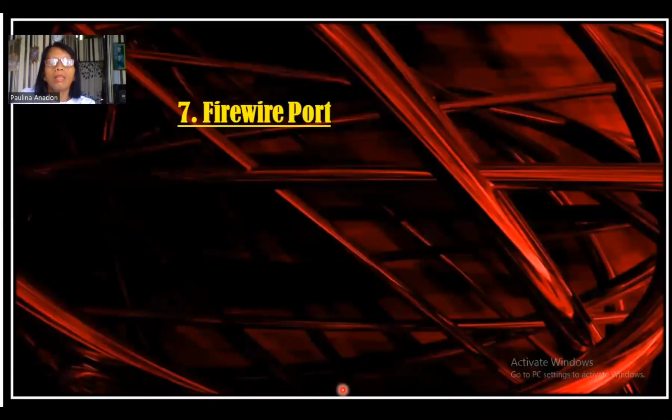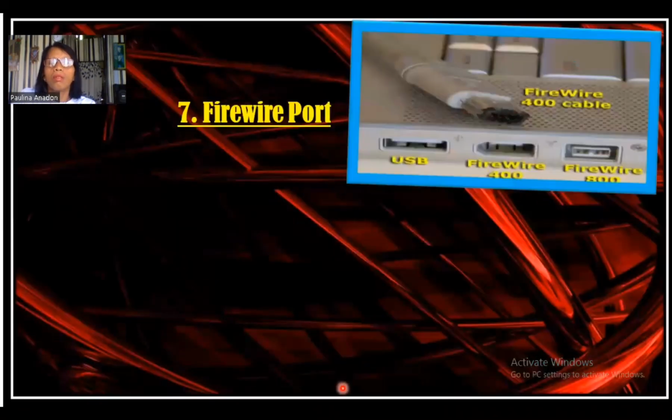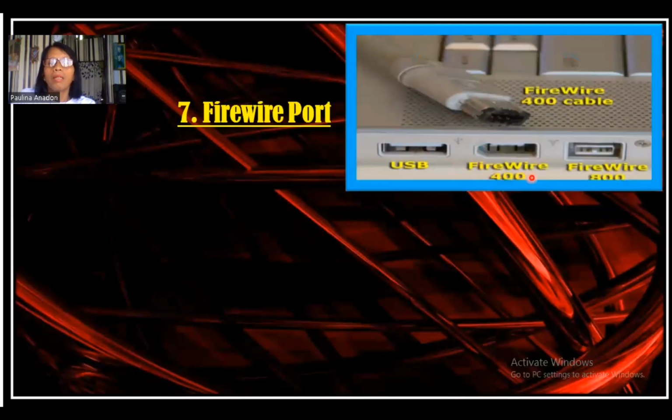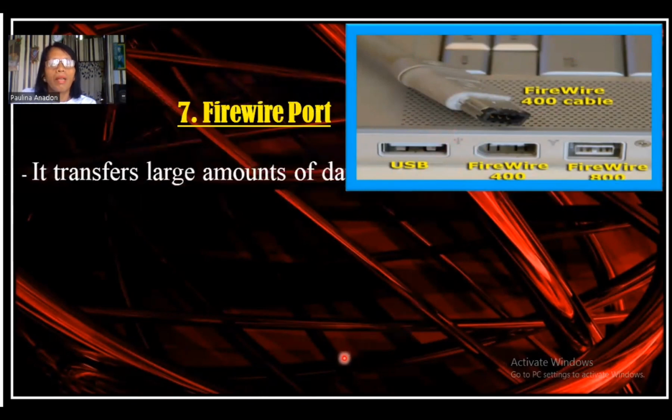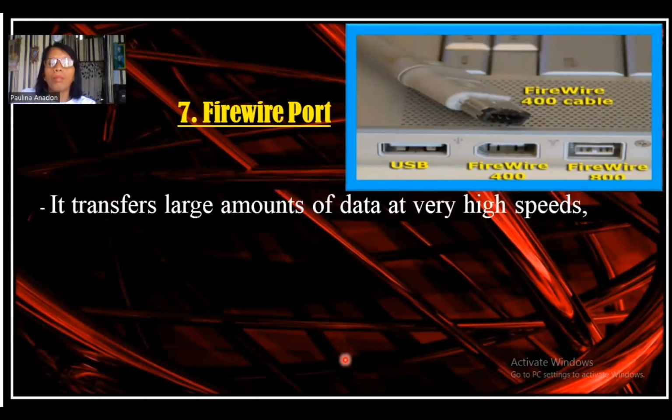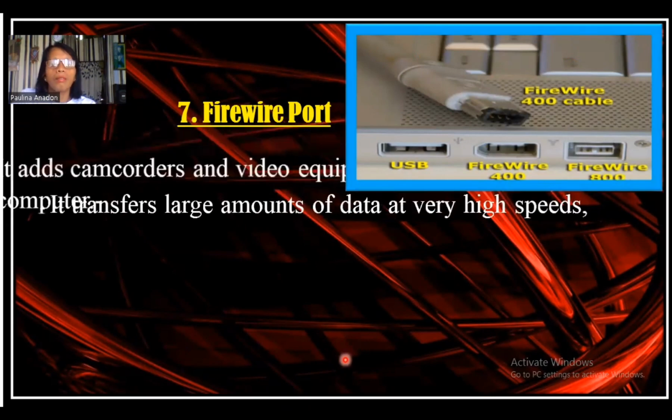The next one is the firewire port. This is an image of a firewire port consisting of firewire 400 cable, firewire 800, and accompanied with a USB. It transfers large amounts of data at very high speeds.